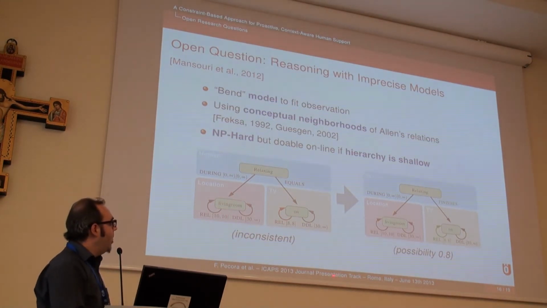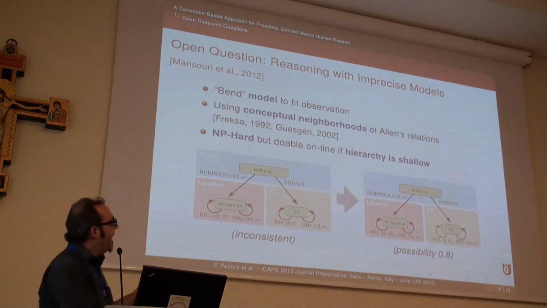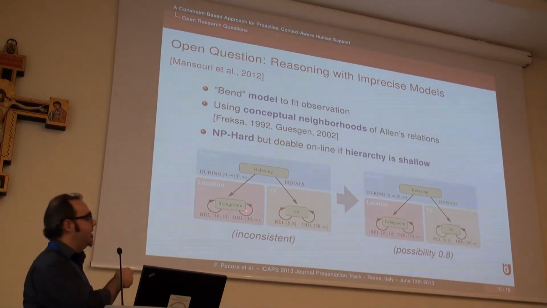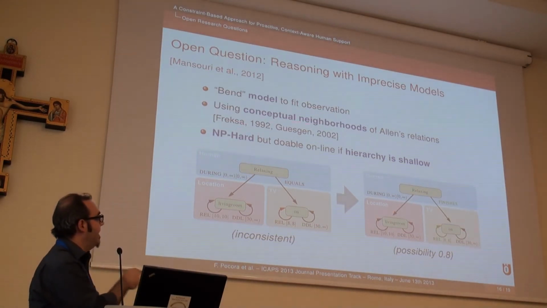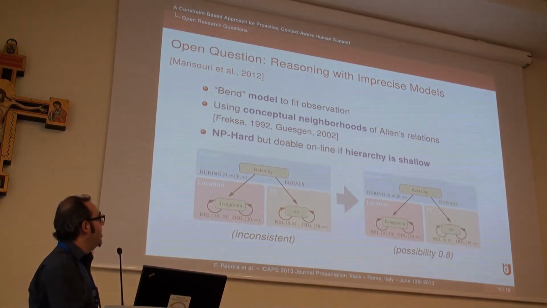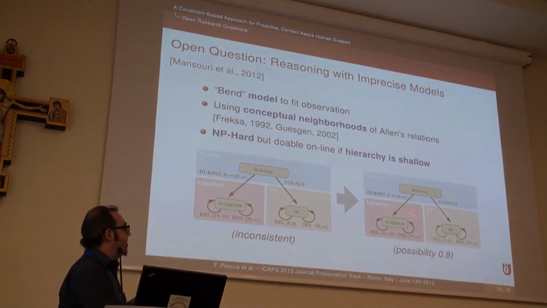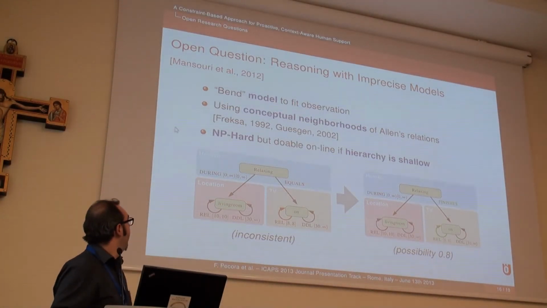So one way to deal with this is to relax the rule, or find the best matching rule, and maybe associate a possibility to this rule, depending on how far it is from the rule that you actually modeled. And this can be done using conceptual neighborhoods of Allen's relations. We've shown in some preliminary work that this is actually doable if your model isn't too complex.